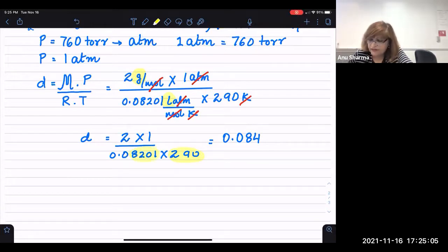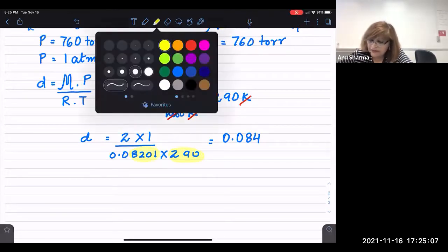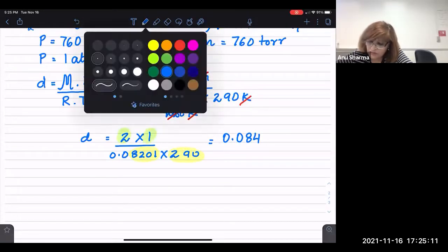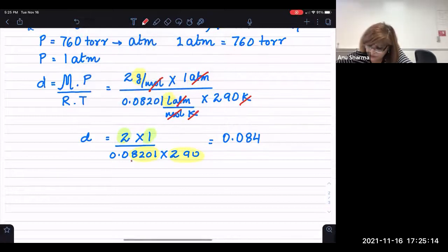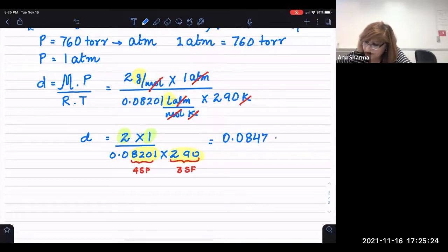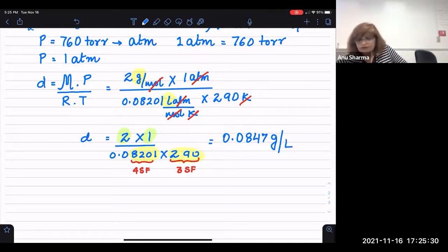So your answer should be in 3 significant figures. That is why you need to bring 0.0847 grams per liter. Always write the units and always show the specifics.